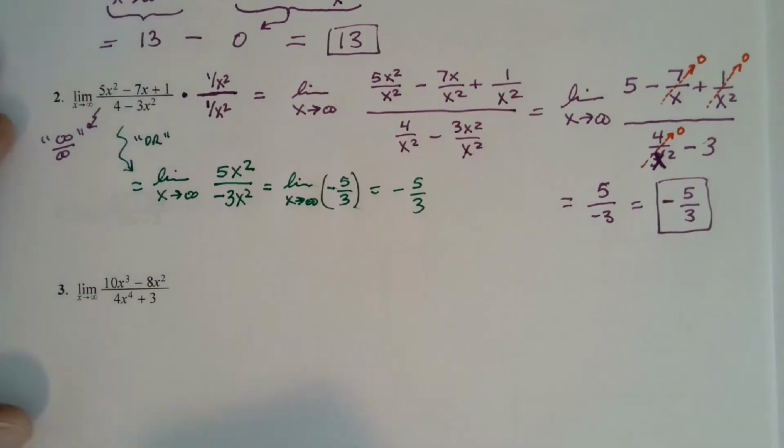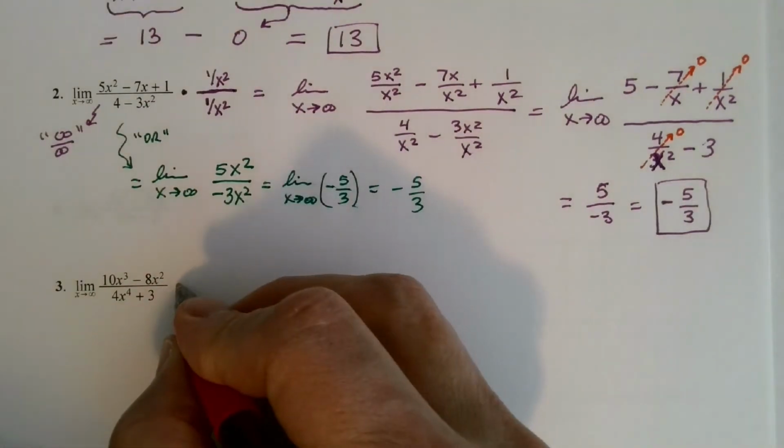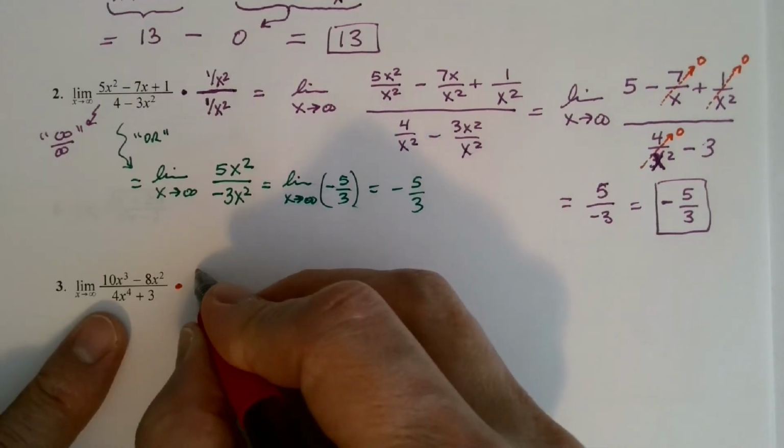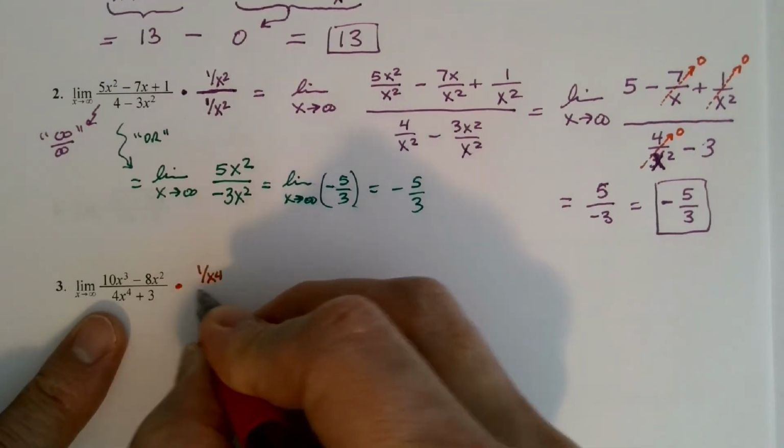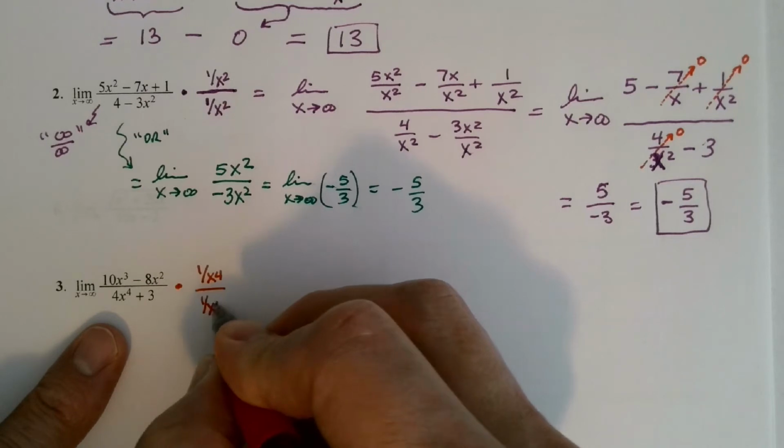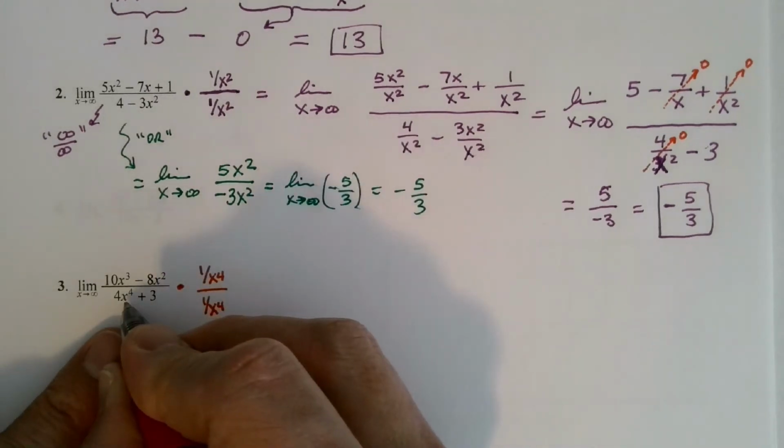Okay. I'm going to do that same technique, though, that I used above in these last two cases. I'm going to multiply top and bottom by the reciprocal of the highest degree in the denominator, which is x to the 4th.